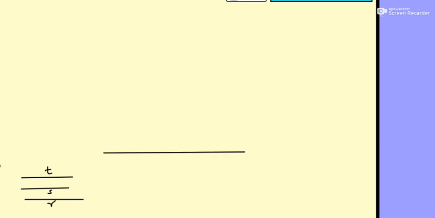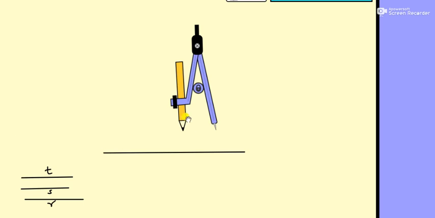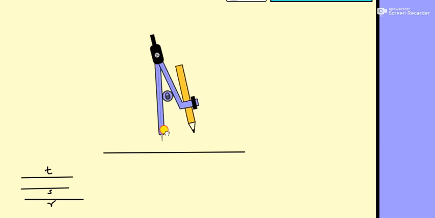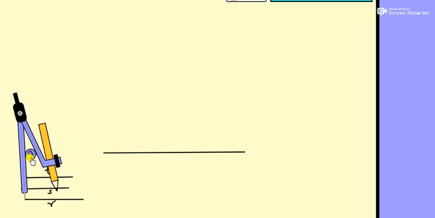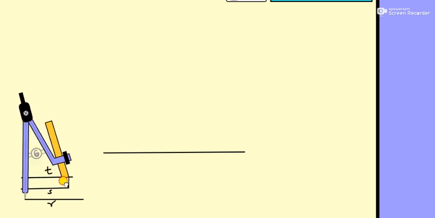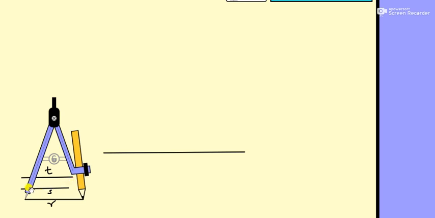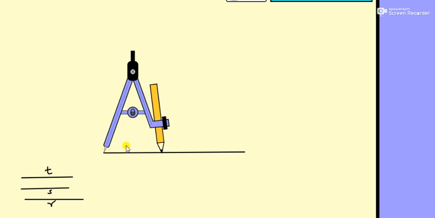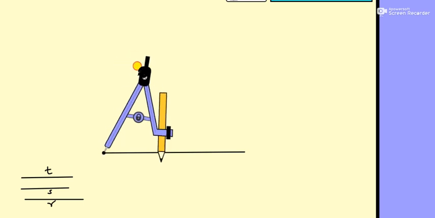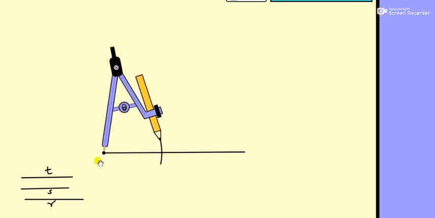Now remove the scale, and after removing the scale, take a roundel, and first of all I want to take the distance r in your roundel. So this roundel takes the distance r, and from this point you can cut an arc like this.